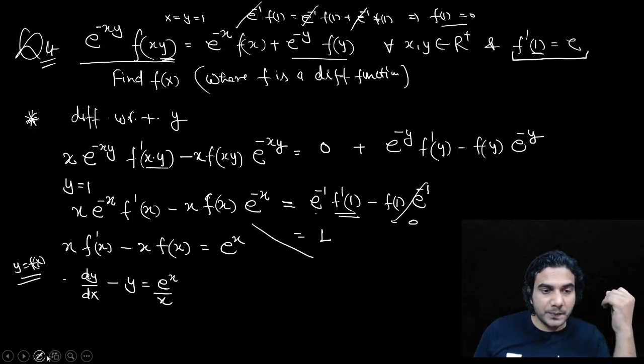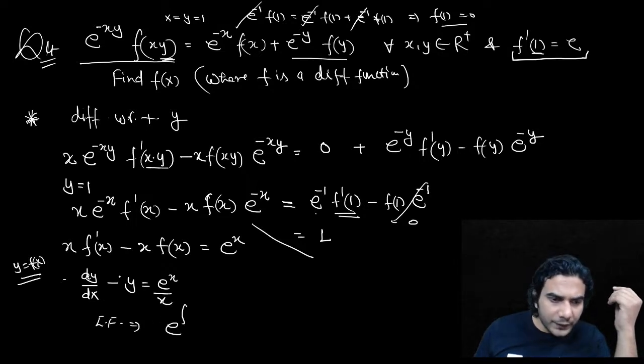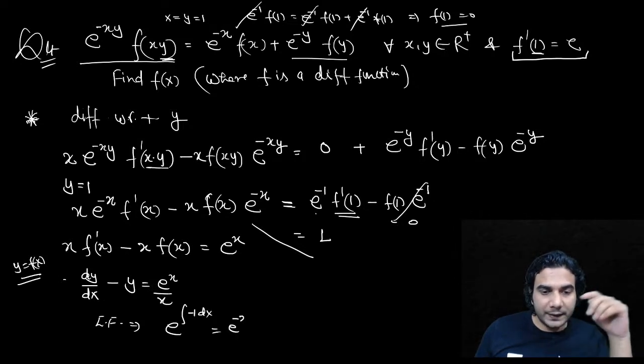So you need to multiply it by the integrating factor. What is the integrating factor of this? If you remember, the integrating factor is e raised to the integral of the coefficient of y, which is minus 1, dx. So it is e raised to minus x, the form which was there in the original question actually.